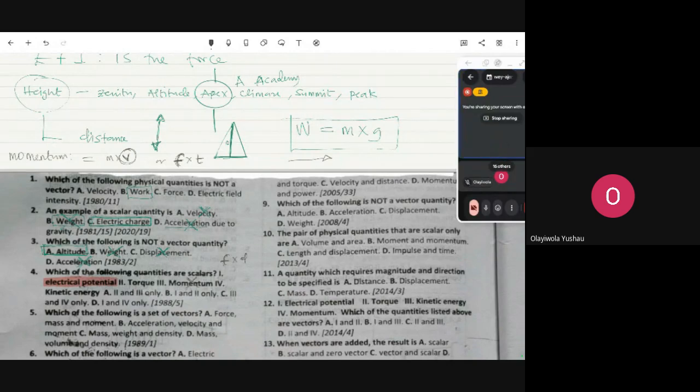You might be thinking, in fact, one of the very confusing questions about torque, because you know moments and work are similar, but torque is a vector quantity. Torque is a vector, it's not a scalar.